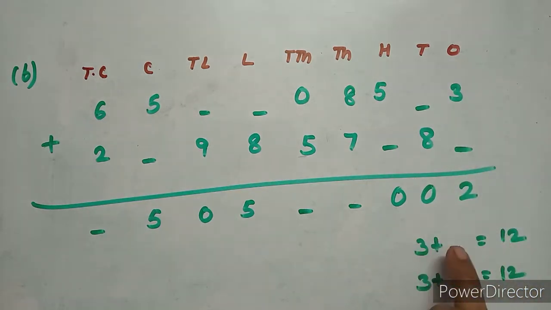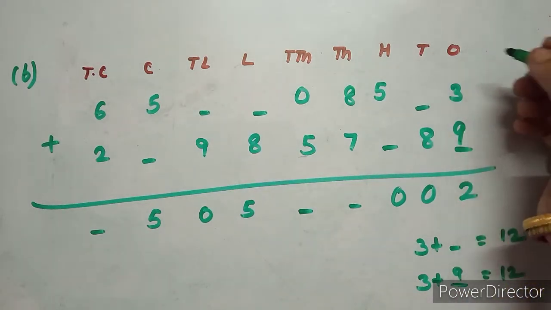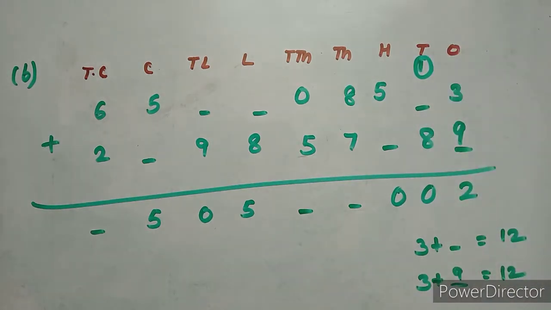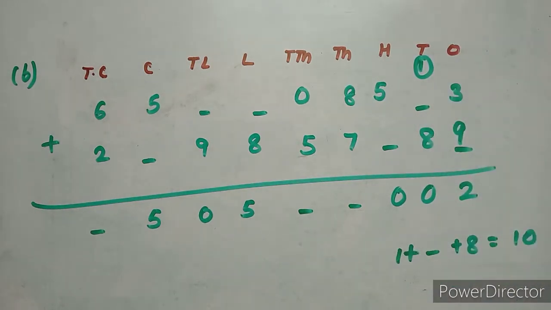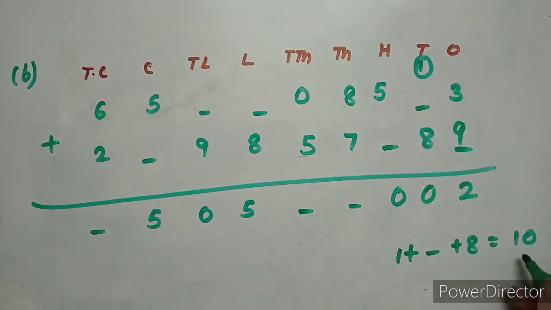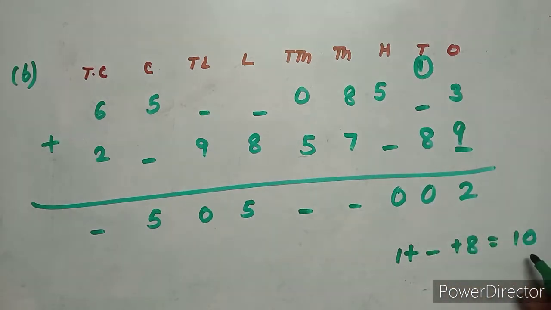Okay, 3 plus blank is equal to what you have to assume this as 12. Okay, so 3 plus 9 will give you 12. So write here 9. So here you will have the carryover. Now see the tens place you have 1, then blank, then 8, and your sum will be, here it is written 0, that means it should be 10.